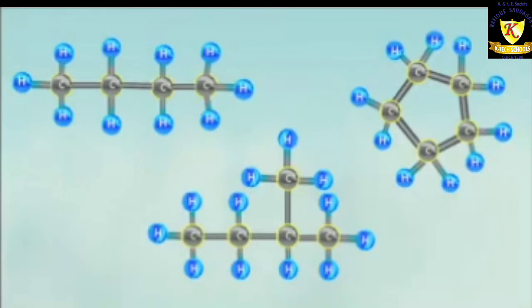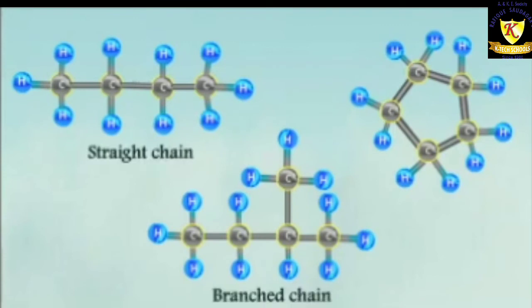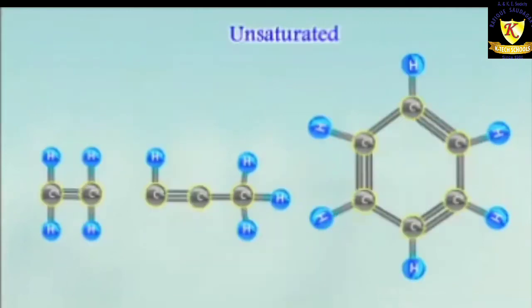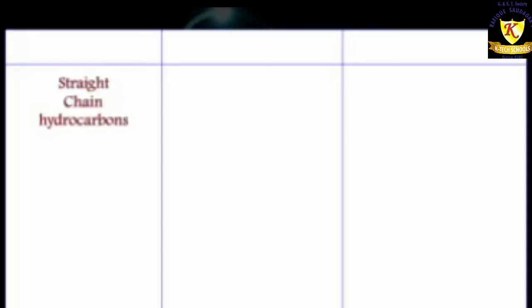All types of carbon compounds, whether straight chain, branch chain or cyclic, can be saturated or unsaturated. This is explained by various examples of hydrocarbons. Straight chain hydrocarbon.